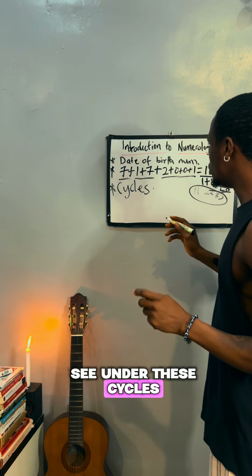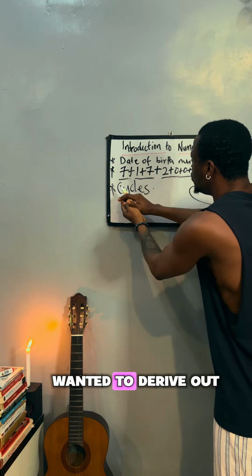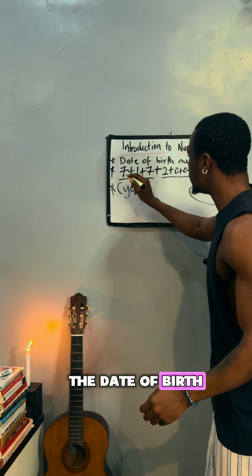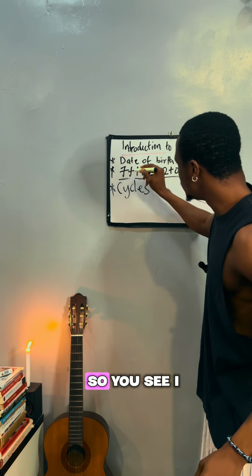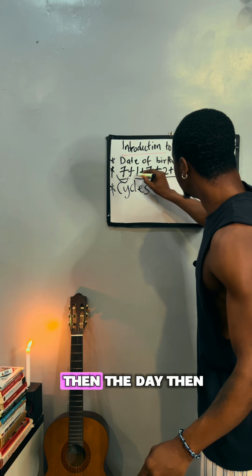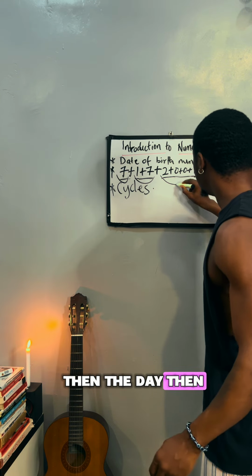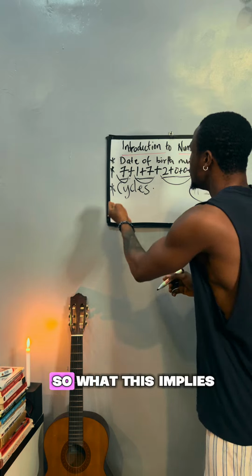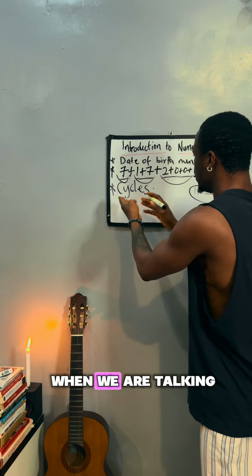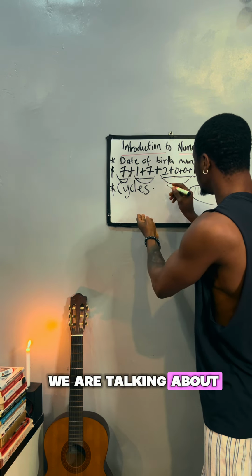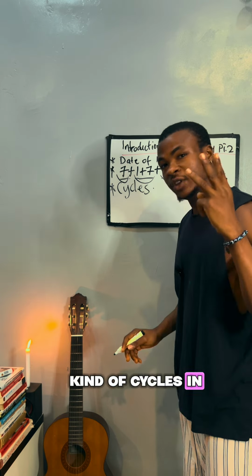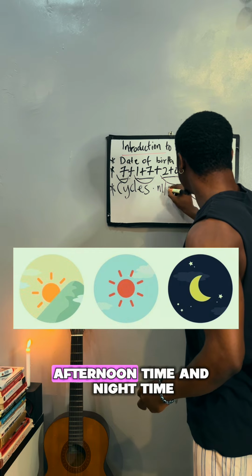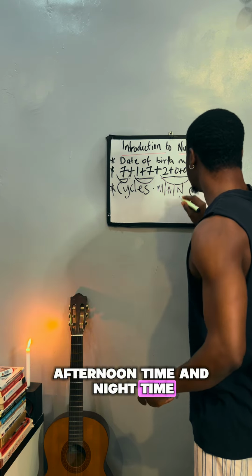Now you see, it is because I wanted to arrive at these cycles that I started the calculation of the date of birth from the month first. So you see, I did it from the month, then the day, then the year. You understand it? So what this implies is that when we are talking about cycles, there are just 3 kinds of cycles in a human's life, which are morning time, afternoon time, and night time.